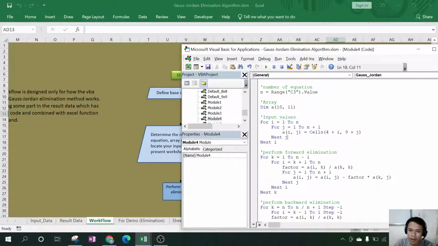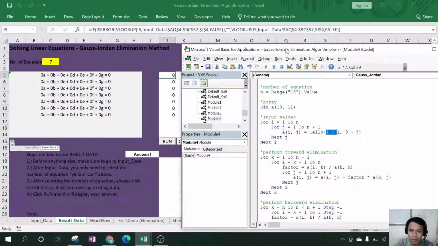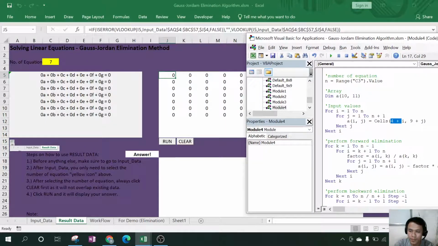Okay, then for aij, it will read the cells on the active sheet, 4 plus I. So let's go to our result data again for this command. Cells 4 plus I. So where is that? This is the row of the matrix.